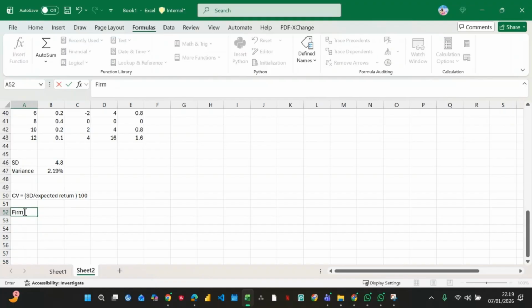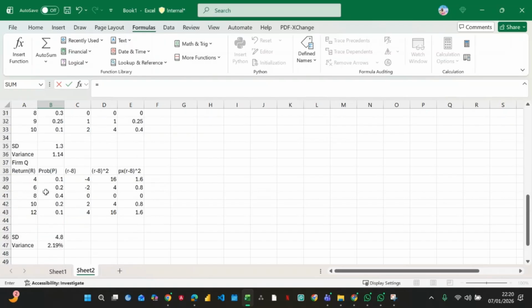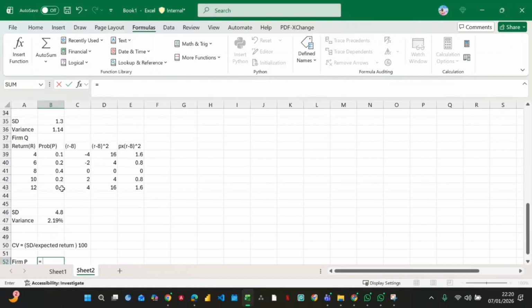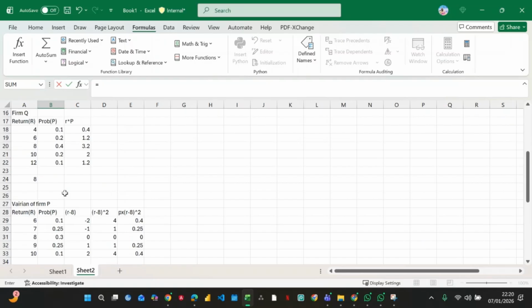This is very simple. For firm P, we have the standard deviation and the expected return of 8.